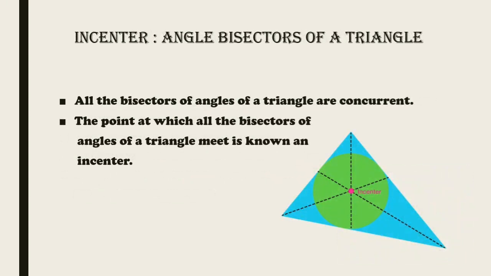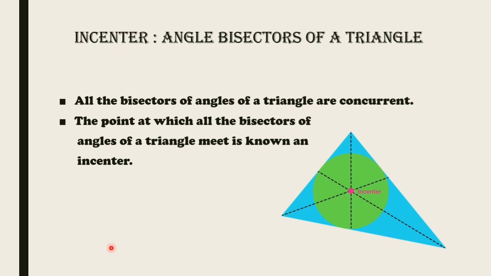Here we are going to see what is incenter. It is formed by angle bisectors of a triangle. So here you can see all the bisectors of angles of a triangle. In this triangle, these line segments are angle bisectors of these angles, and they are meeting at this point.